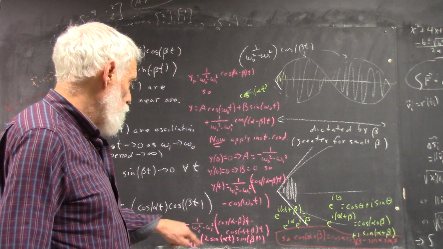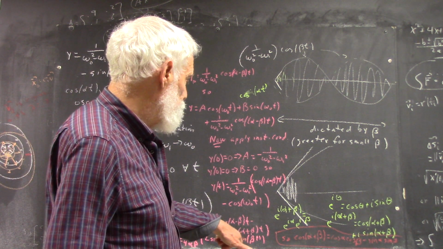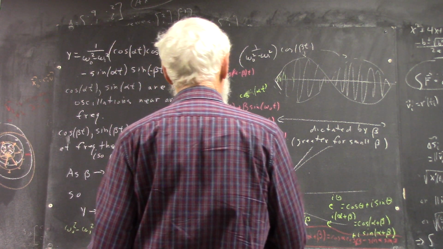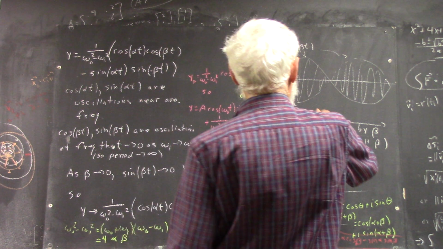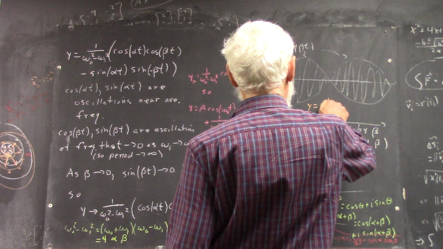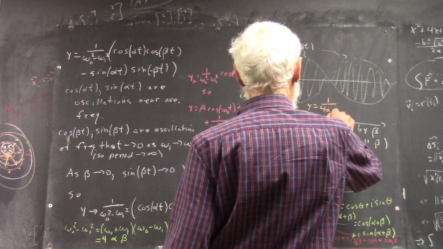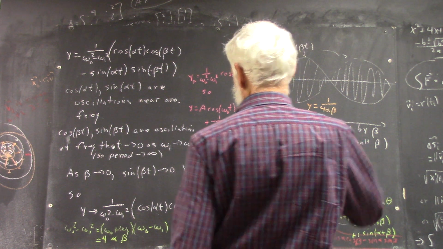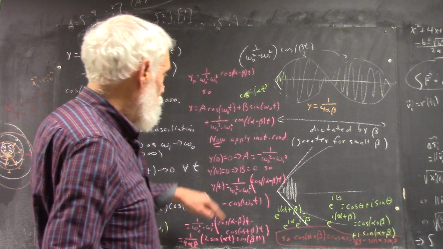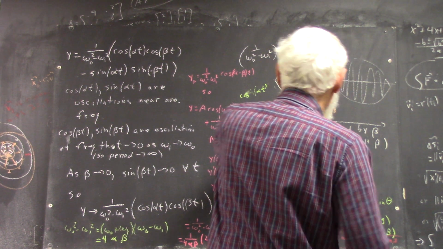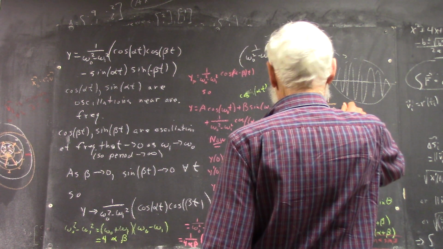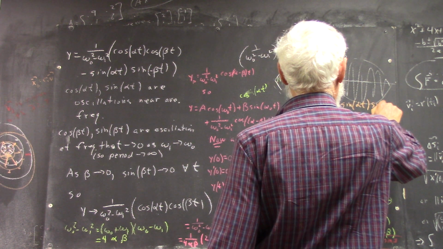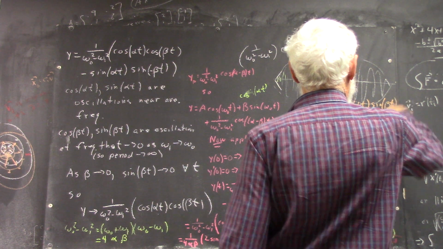So we end up with 1 over 4 alpha beta times 2 sine alpha t sine beta t. So our final function is, well, it's 1 over 4 alpha beta times this, but this has a 2 in it, so it's 1 over 2 alpha beta times the sine of alpha t times the sine of beta t.